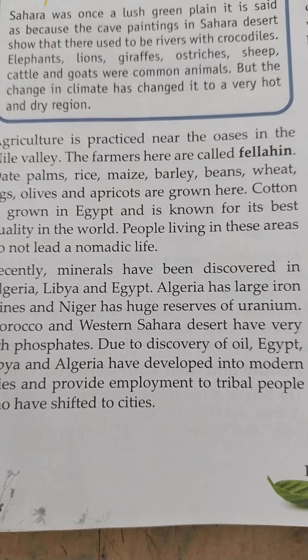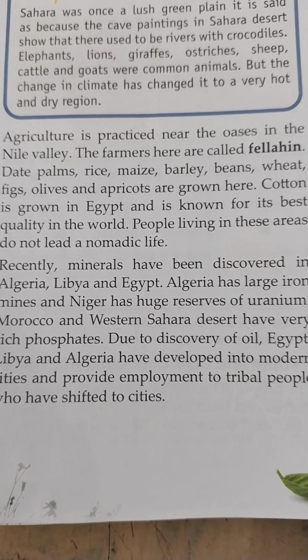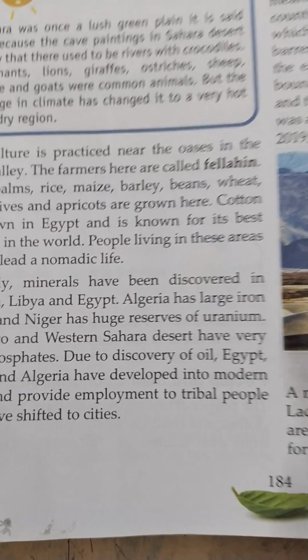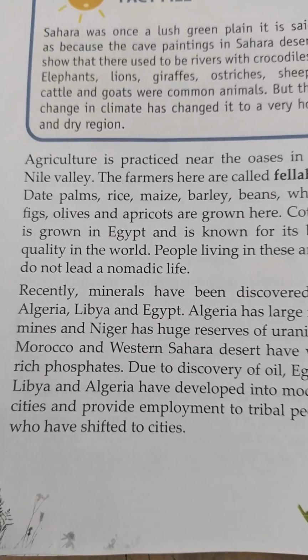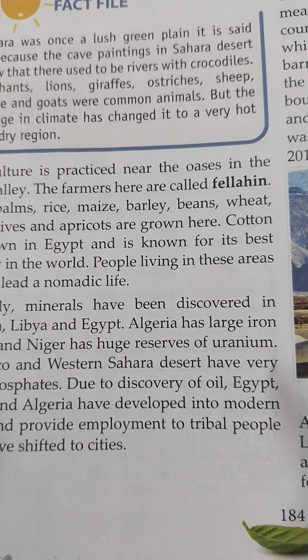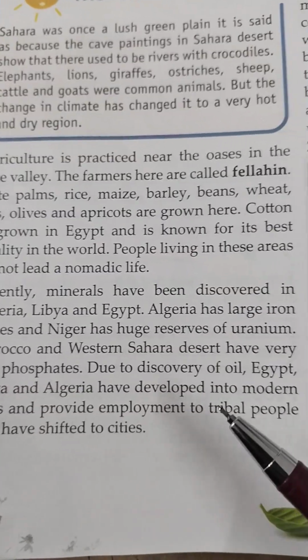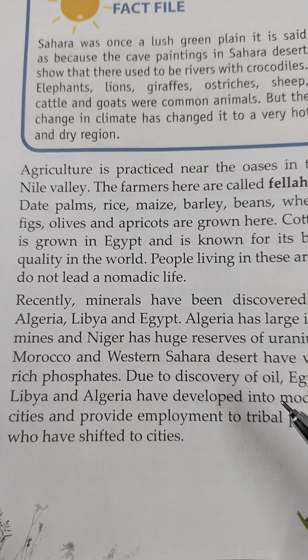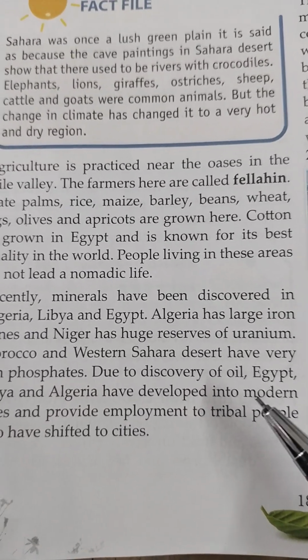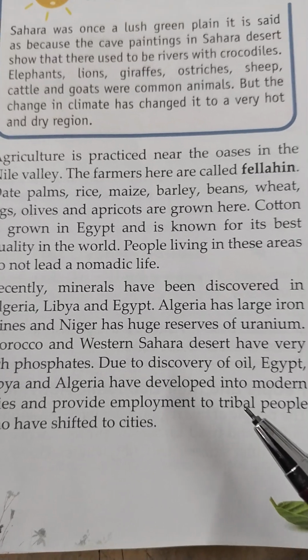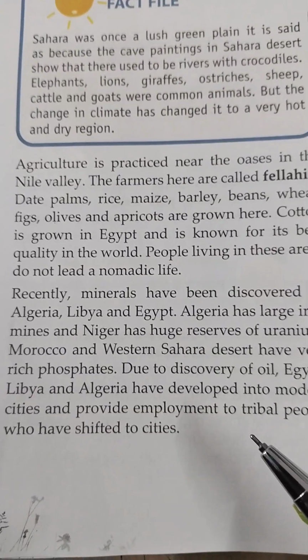Recently many minerals have been discovered in Algeria, Libya and Egypt. Algeria has large iron mines, and Niger has huge reserves of uranium. Morocco and Western Sahara have very rich phosphates, and due to the discovery of oil, Egypt, Libya and Algeria have developed into modern cities.